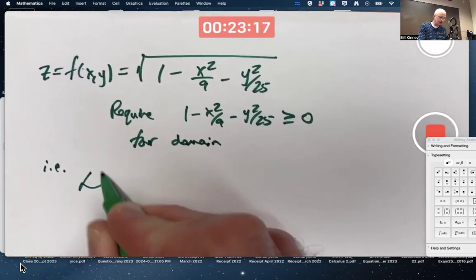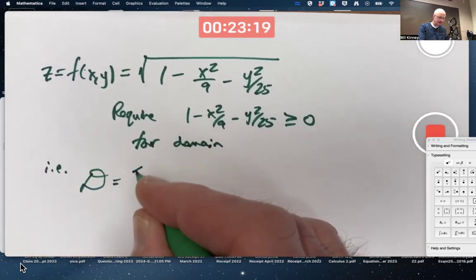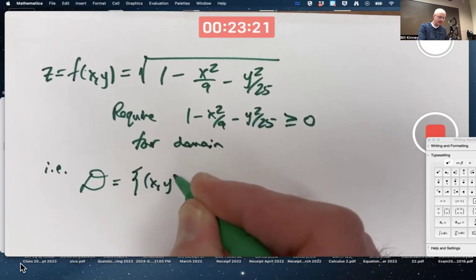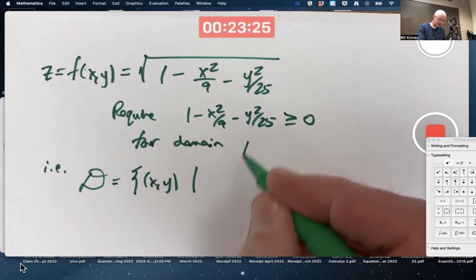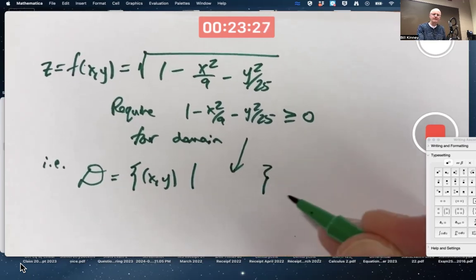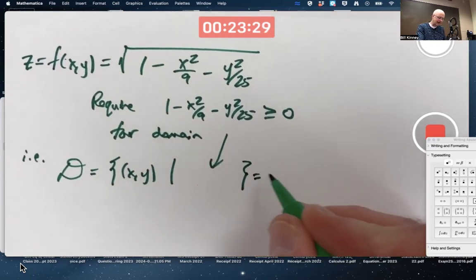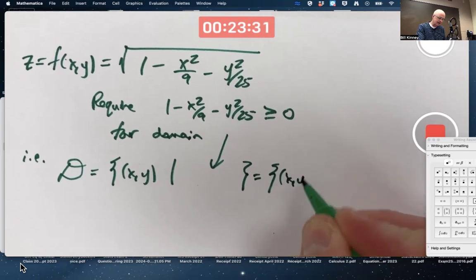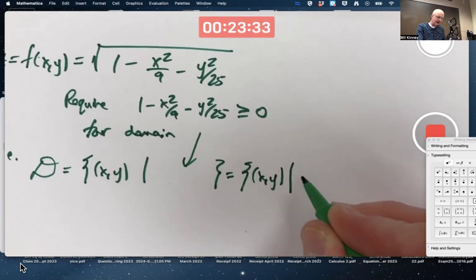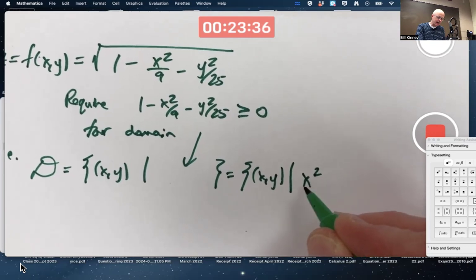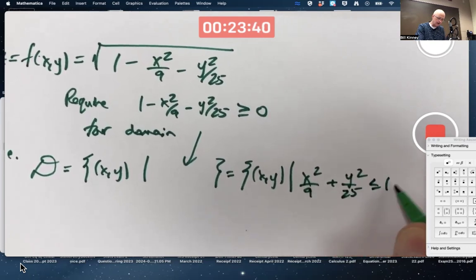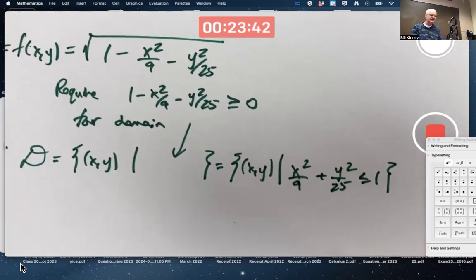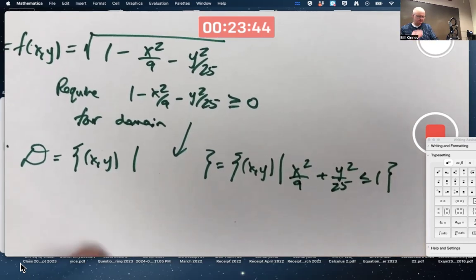I.e., the domain, you could call it D, is the set of all points in rectangular coordinates satisfying that condition, which could be rewritten as the set of all points satisfying this inequality, x squared over 9 plus y squared over 25 is less than or equal to 1. This is called set builder notation.